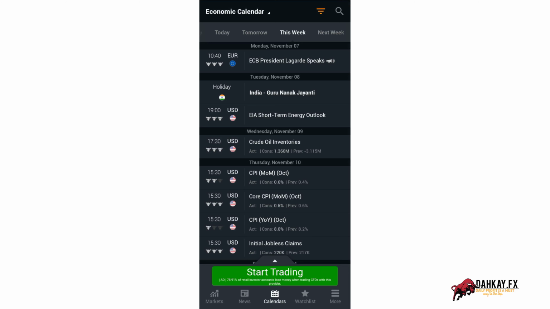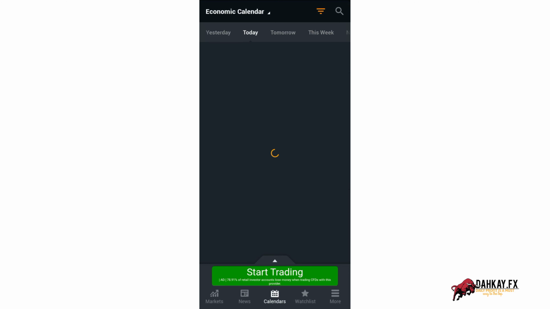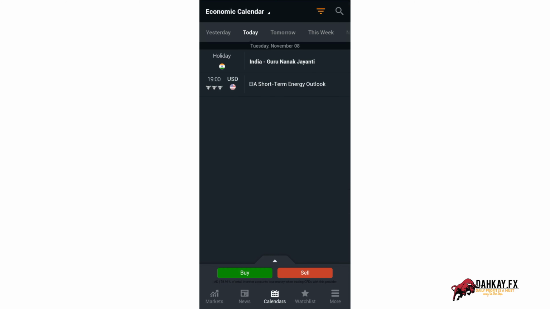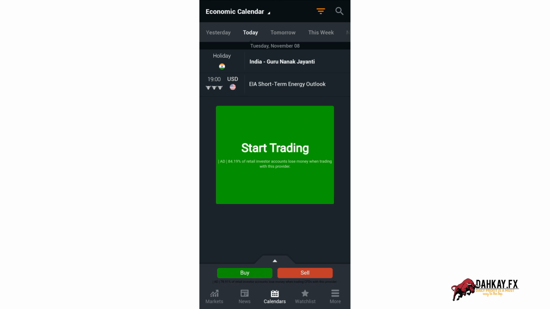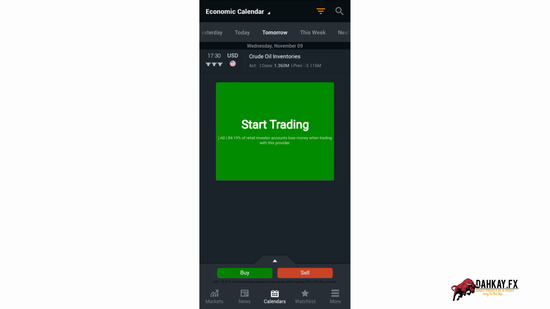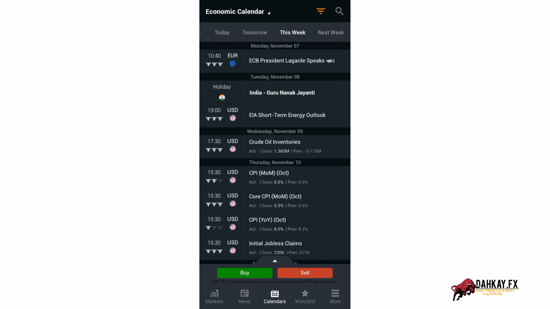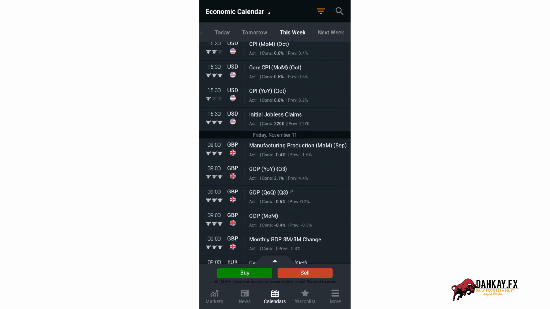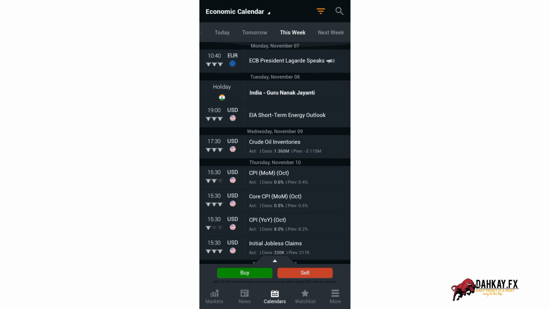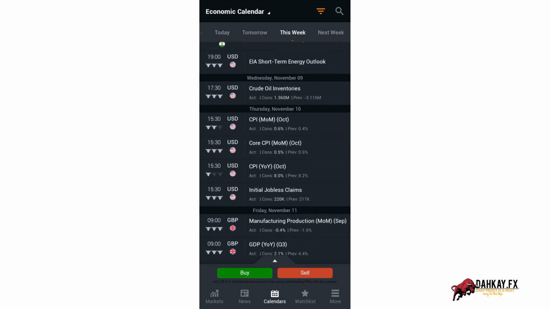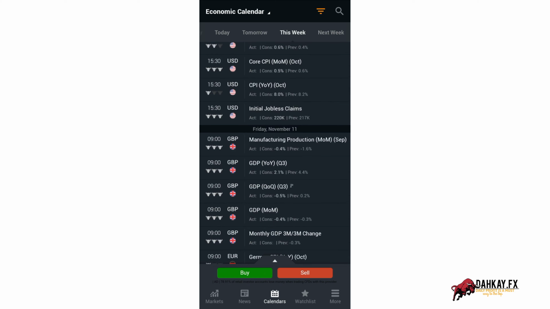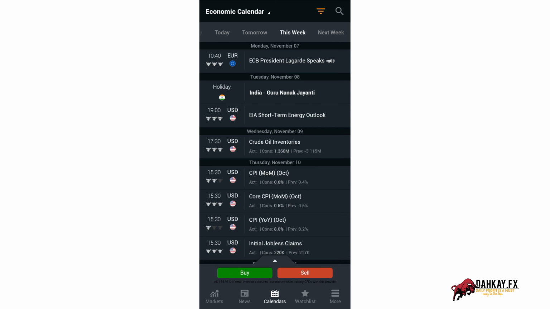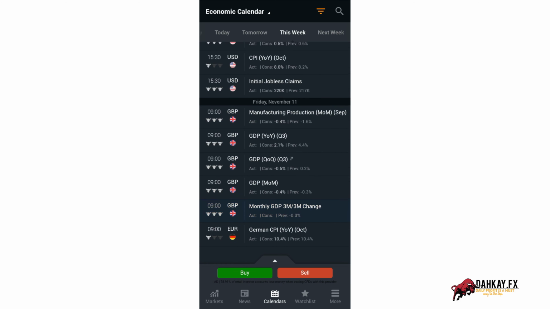Once you get back to your calendar, as for today we only had two events, but I prefer weekly events so that I can prepare ahead and see on which days my favorite currencies will be affected.